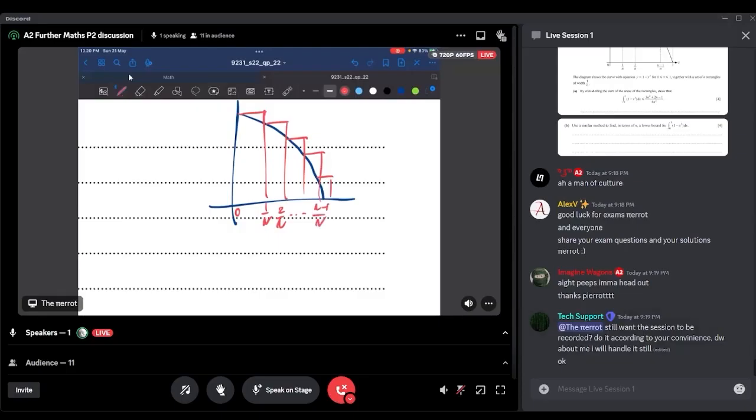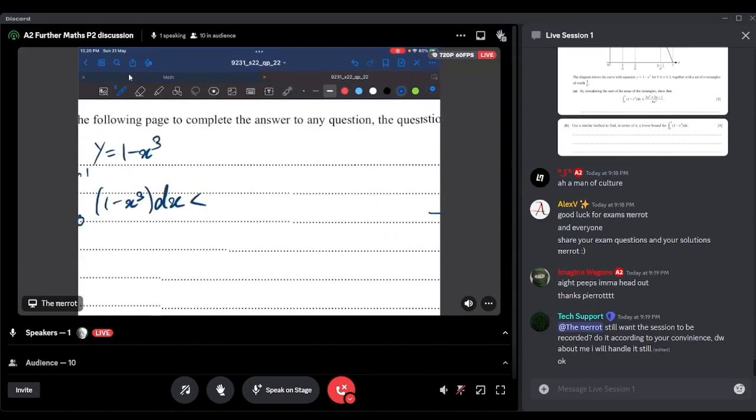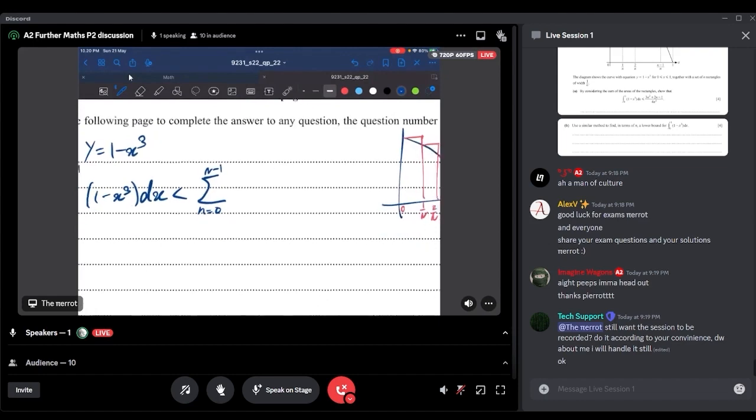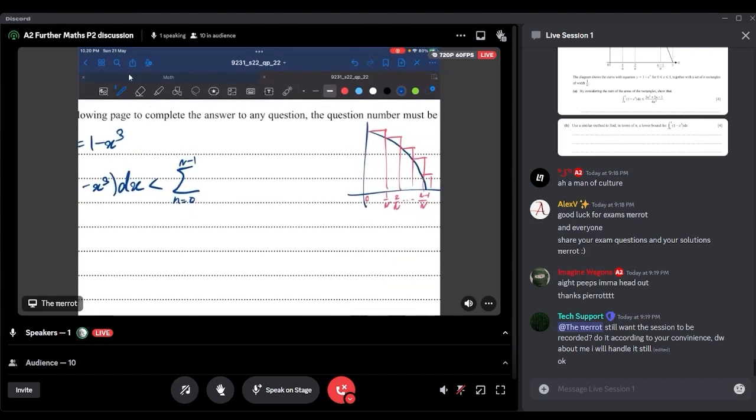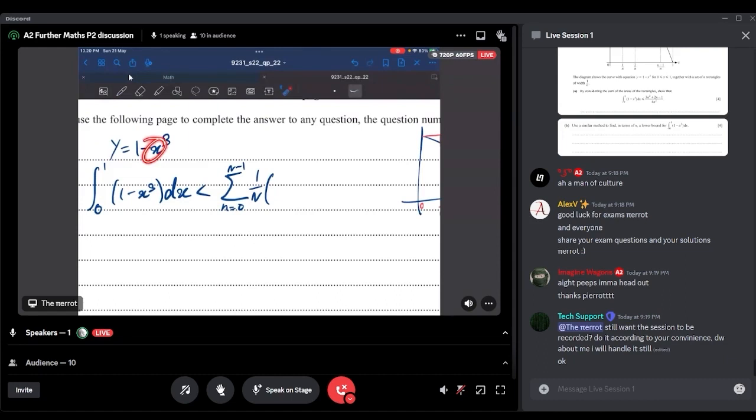Therefore, we have the sum running from 0 to n minus 1 of the area of the rectangles. The width is 1 over n, all of them have a width of 1 over n, times the height. The height is when you change this x into all these numbers, so that is 1 minus k over n cubed.